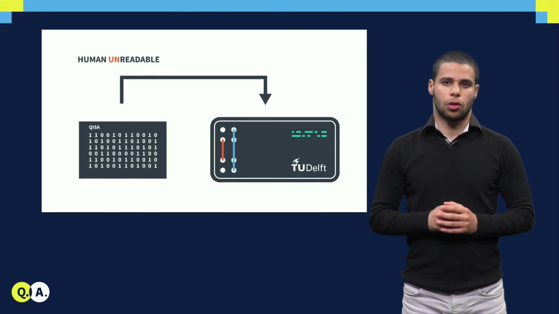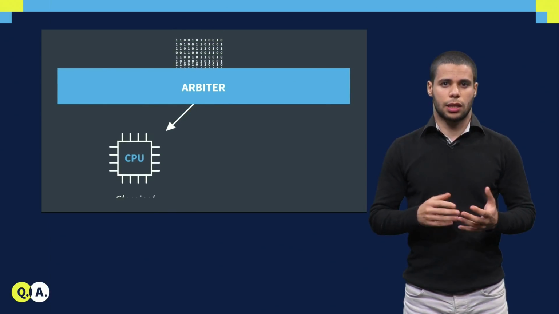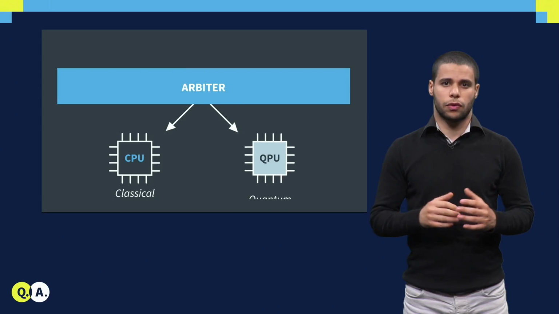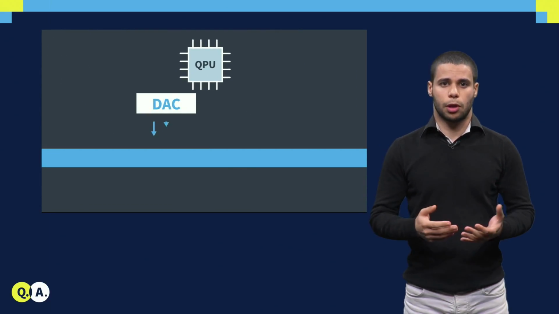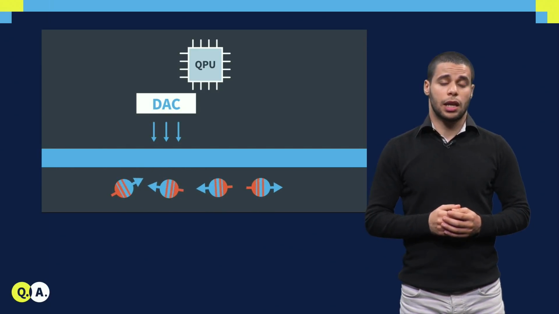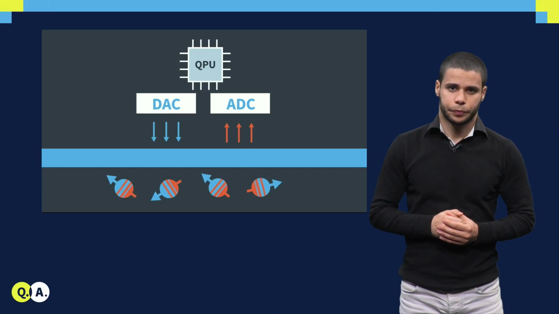To achieve that goal, a lot of work has been done in QTech to design the microarchitecture, which accepts a well-defined set of instructions and executes them to perform the quantum operations on the qubits and acquire back the results of that computation.